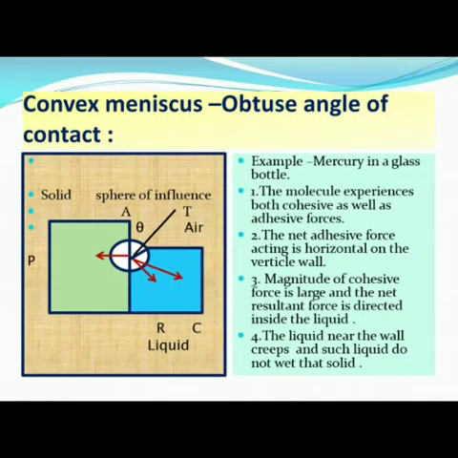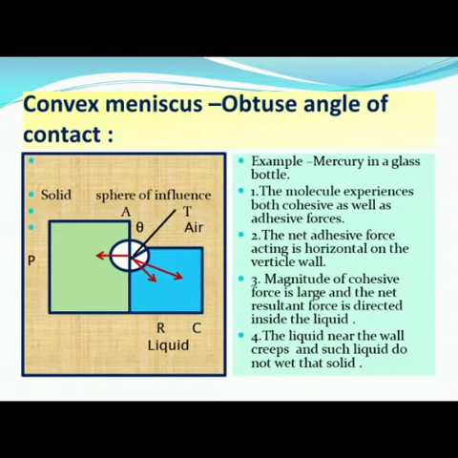Let us move on to the second example, the convex meniscus, which shows the formation of the obtuse angle of contact. The example I have taken here is mercury in a glass bottle. This could be seen in thermometers also, which are used for measuring temperature. Let us see in the diagram, you can see the solid in contact with the liquid.